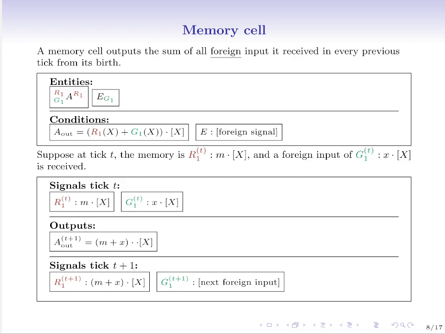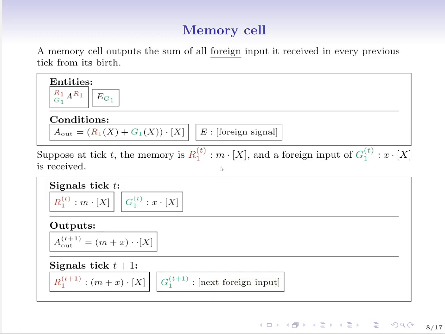And then you combine all the channels, you get indeed the t plus 1's tick for R1 is the combined signal now. So it remembers that last tick you have pushed the value x into this value that already has n. And then for the tick t plus 1 of the green channel, you could have the next input, or you could have nothing. And in the t plus 2 tick, the red channel would also remember the next input.